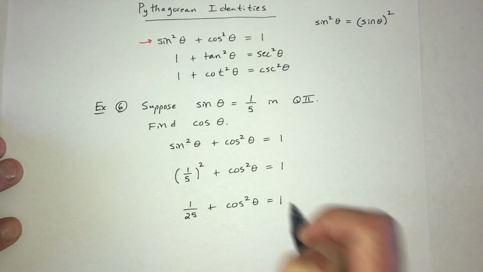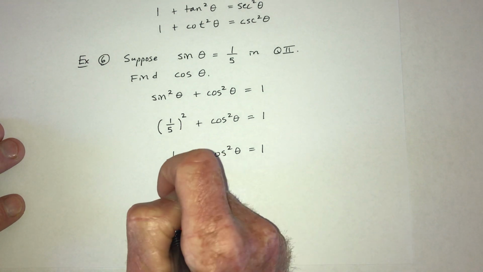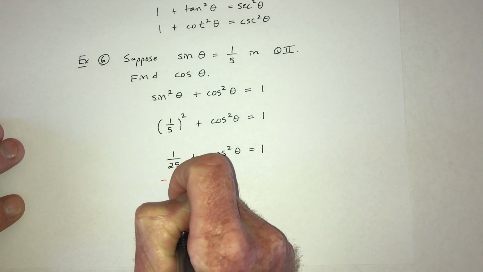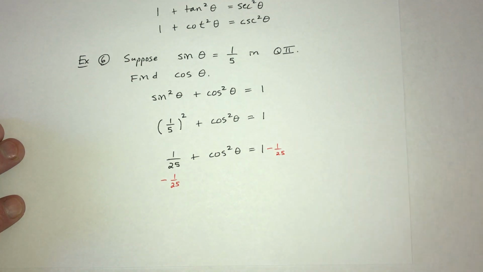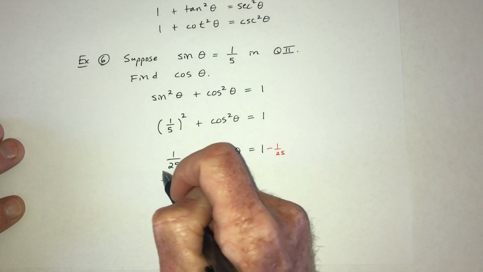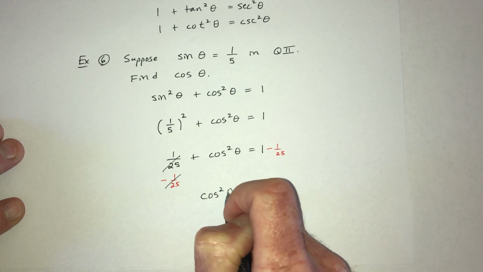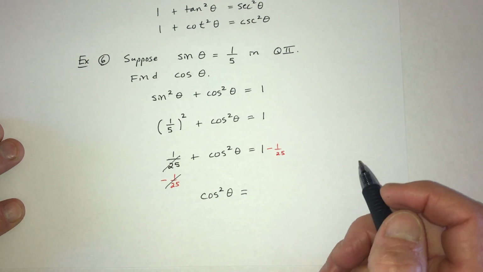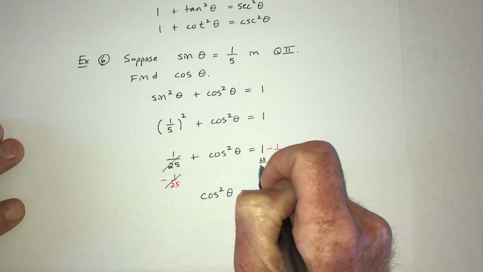And then we're almost done with it. The next thing to do is subtract 1/25 from both sides. So these will cancel, leaving just cosine squared equals. And then a 1 can be rewritten as 25 over 25.